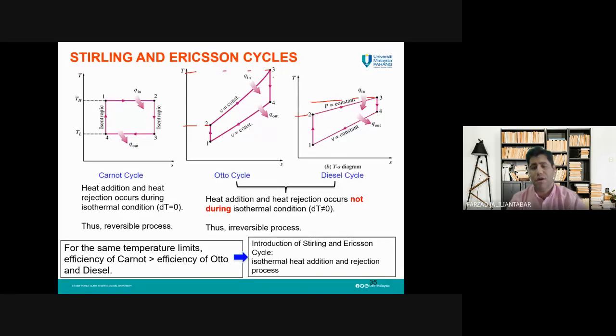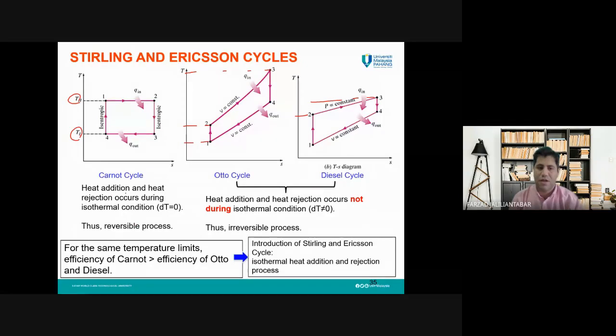So the efficiency of these two types of cycles or engines will always be lower than the maximum possible efficiency which we can get from a cycle or an engine that works between two maximum and minimum temperatures. And please notice, here we also have the maximum and minimum temperature, but the problem is this process.